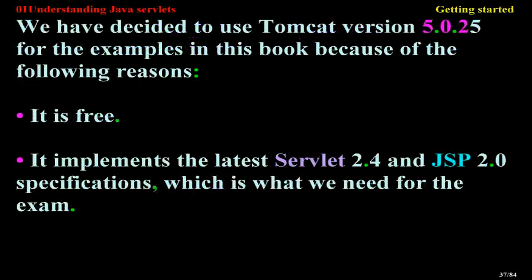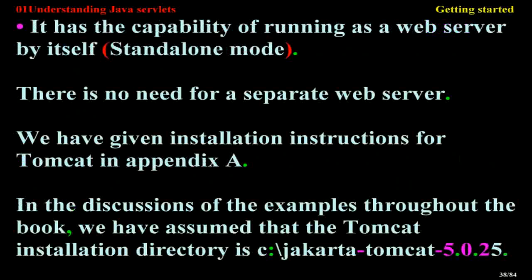We have decided to use Tomcat version 5.0.25 for the examples in this book because of the following reasons. It is free. It implements the latest servlet 2.4 and JSP 2.0 specifications, which is what we need for the exam. It has the capability of running as a web server by itself, in standalone mode. There is no need for a separate web server.